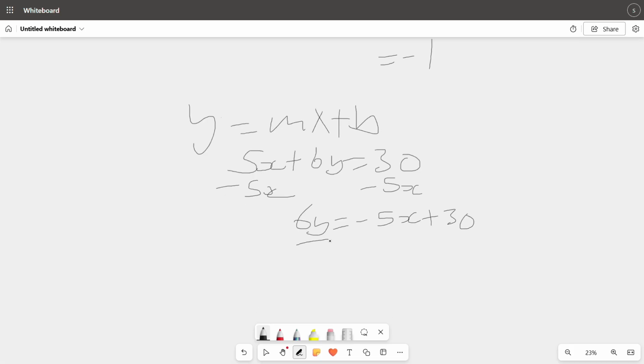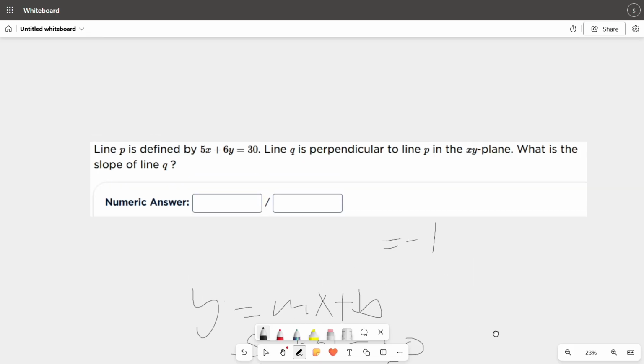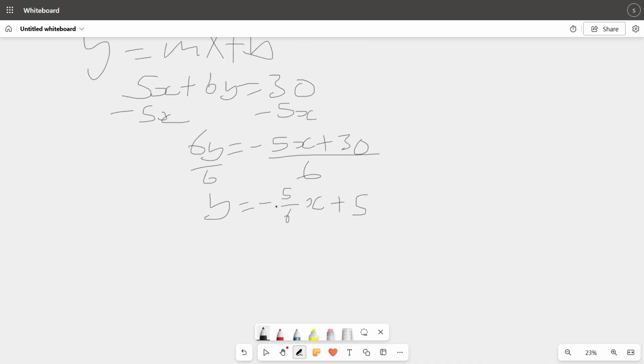Divide by 6 on both sides. y equals minus 5 over 6 x plus 5. So we know the slope for line P would be minus 5 over 6.